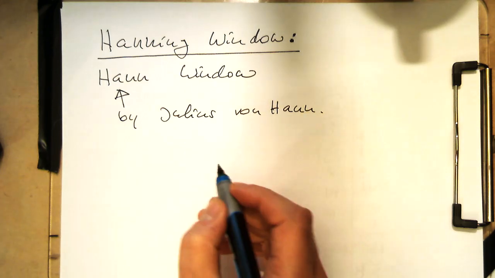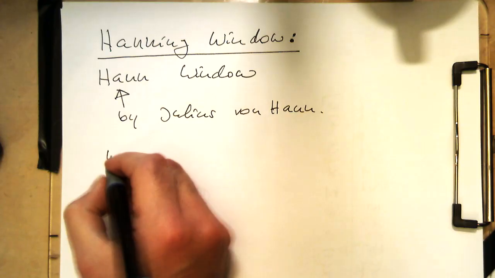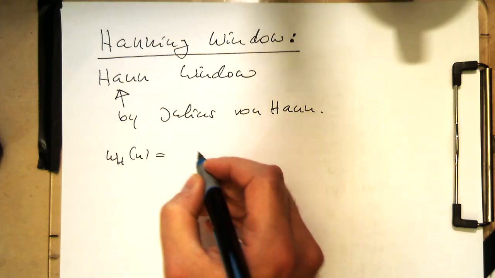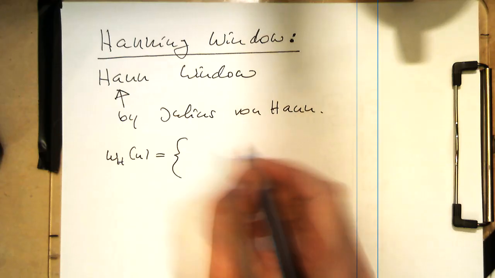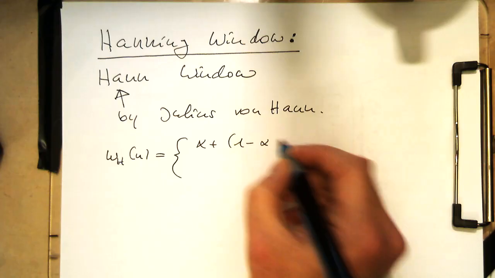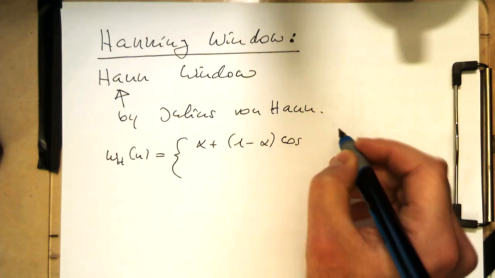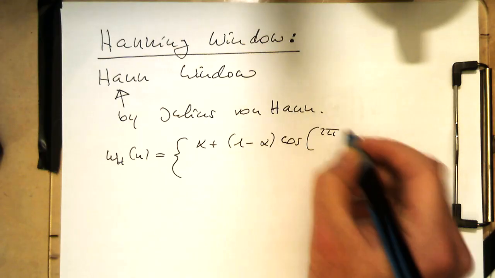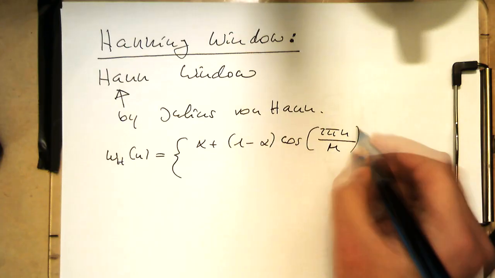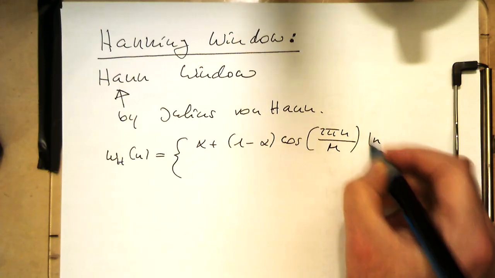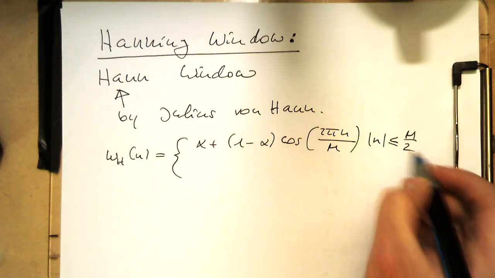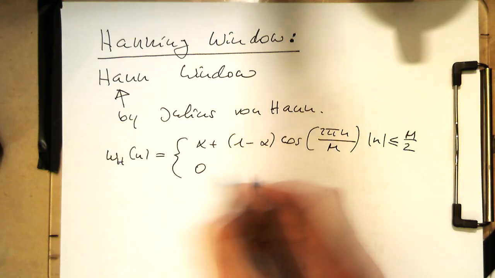So the window is defined as w_H of n equals alpha plus (1 minus alpha) times cosine of 2 pi n divided by M, with n in the region of plus or minus M half and 0 otherwise.